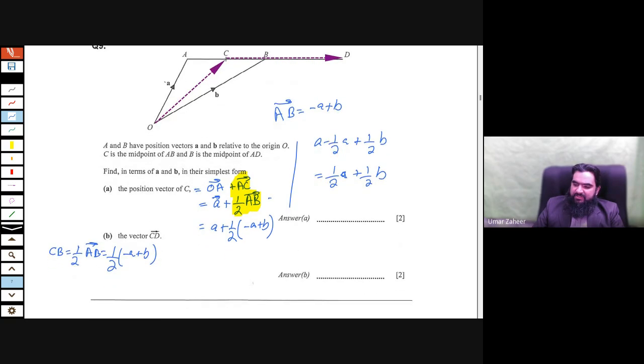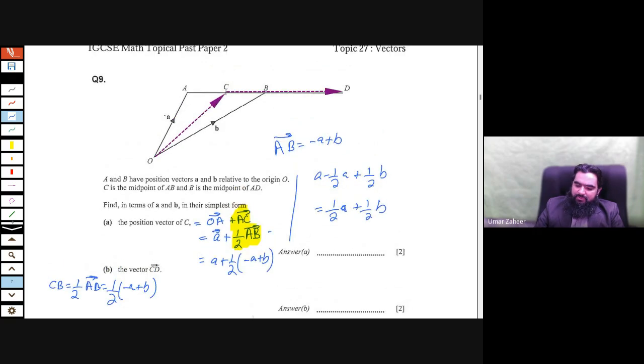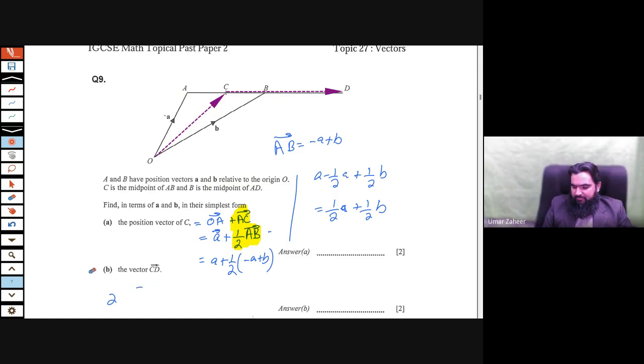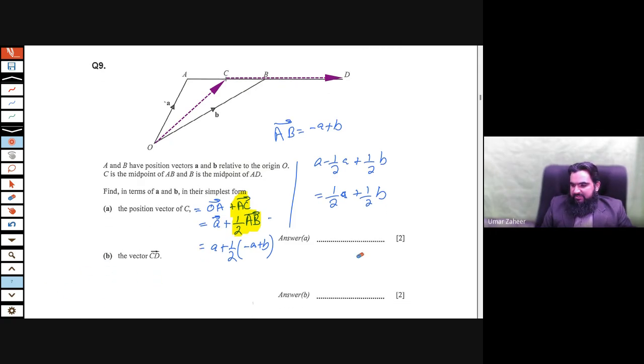We have to find CD. So it is a midpoint, right? B is the midpoint. He says that B is the midpoint of AD. So AD is a bigger vector. You can find AB directly and multiply by 2, and you will get the same answer as well. Yeah, that's the easier part. We can do it this way as well.